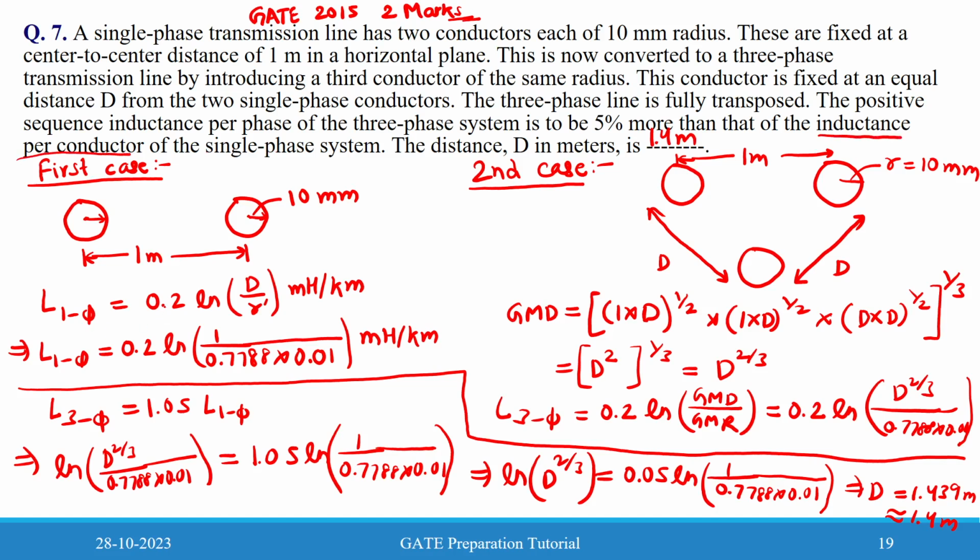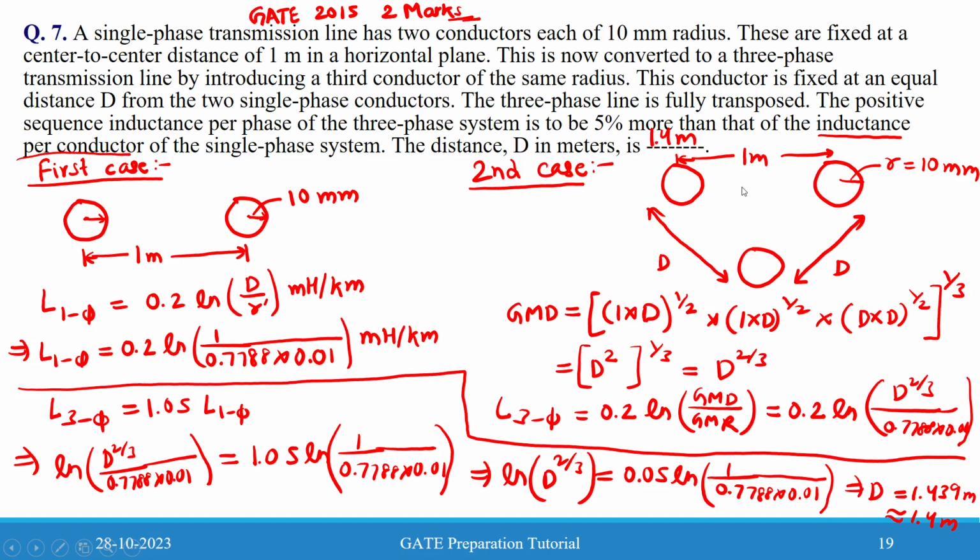We have not multiplied with 2; we have taken the first expression only, 2 into 10 to power minus 7 ln of D by r dash Henry per meter. And for the three phase system, we will find this. It is given the positive sequence inductance per phase. For per phase, we know it is the same expression we use for the single phase per conductor. So we will use this expression, and we can calculate this GMD and GMR.